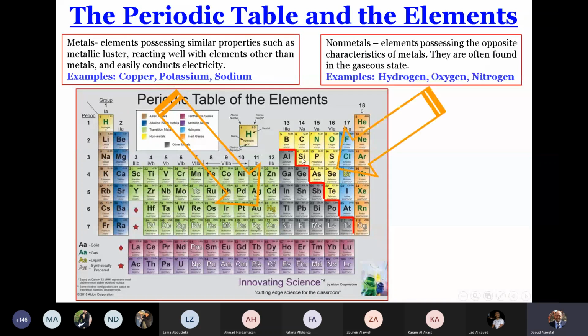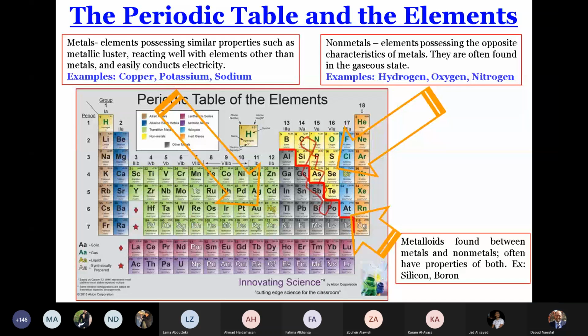The elements above are non-metals. The elements on the ladder are called metalloids. Boron, silicon, germanium, and all others are metalloids. Their properties are between those of the metals and the non-metals.